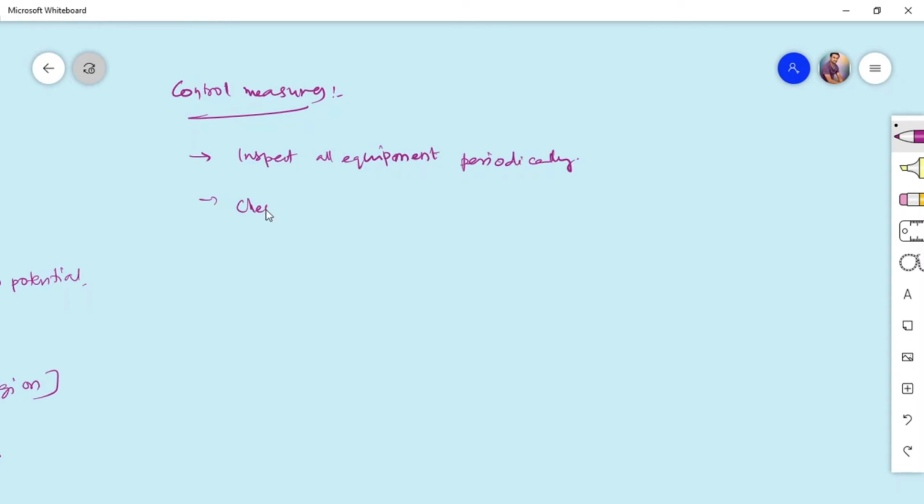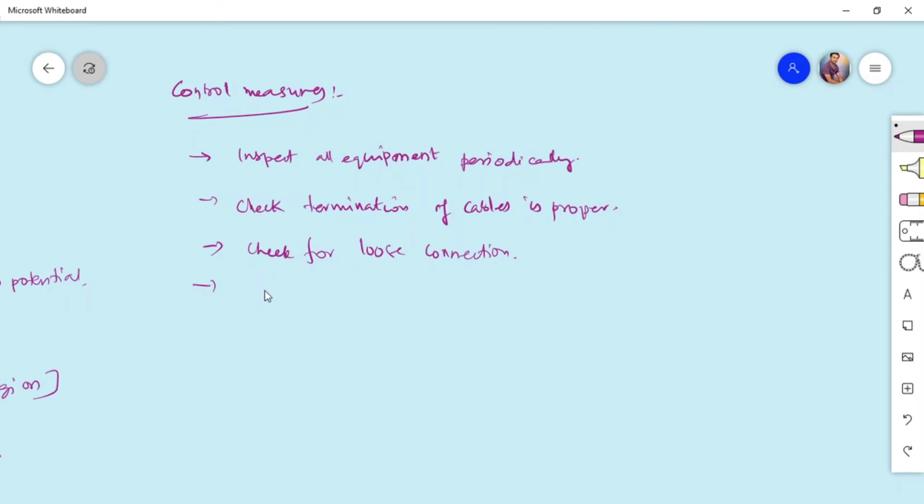So check whether the termination of cables is proper or not, and check for loose connections. If there is a loose connection, there is a possibility of getting an arc and a fire.